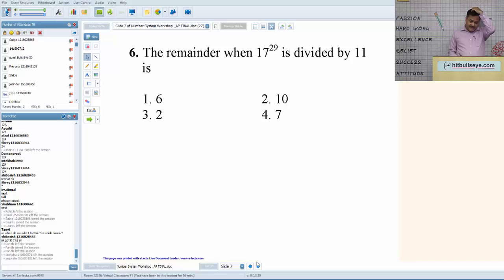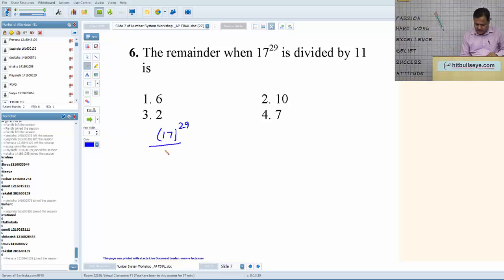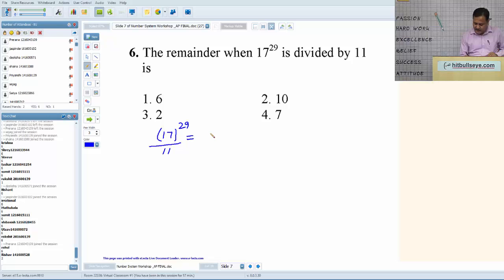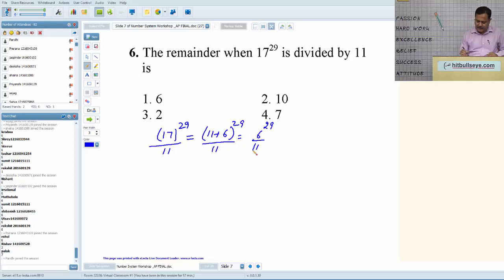What is the remainder when 17 raised to power 29 is divided by 11? Now we can write it as 11 plus 6 raised to power 29 divided by 11. So this would be 6 raised to power 29 divided by 11. Now we know that 11 is a prime number.